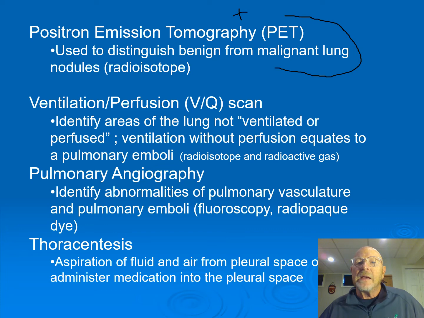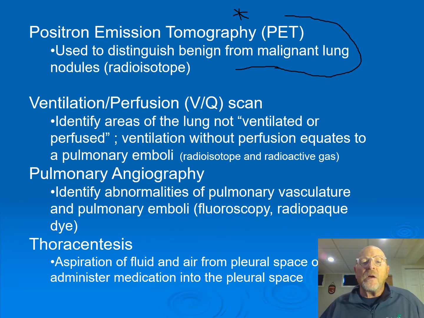So a PET scan, because of the way that it is conducted, can actually determine whether or not that clumping of cells, that mass of cells, is benign or malignant. The way that it does that is part of what it uses for the patient is that it has a glucose in it.